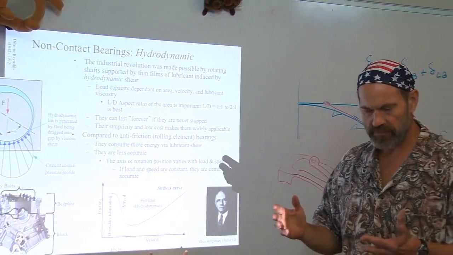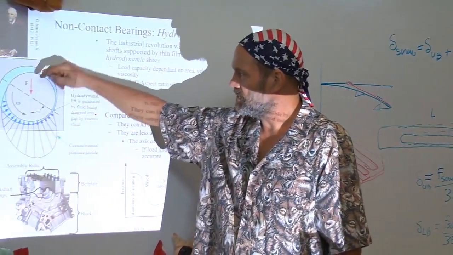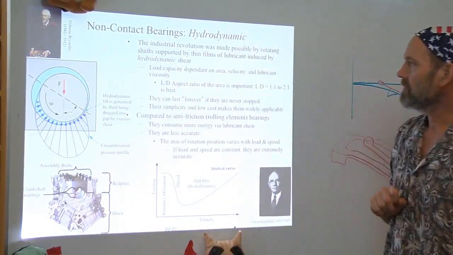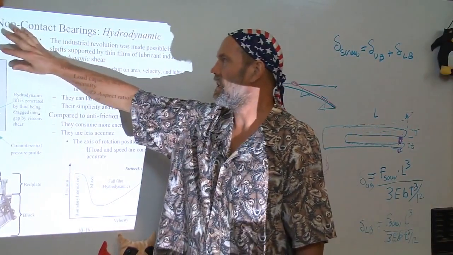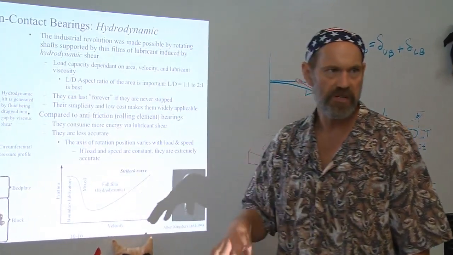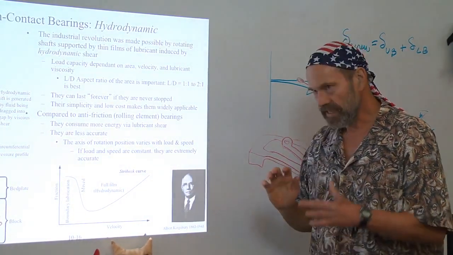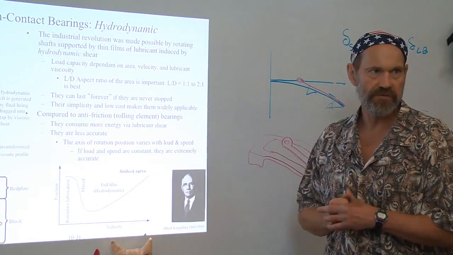There is a relationship where the deflection of the shaft is related to the force applied and the speed of the shaft. The mechanics of this were first described by Osborne Reynolds back in the late 1800s, early 1900s. He did the engineering science behind predicting this type of fluid mechanics.